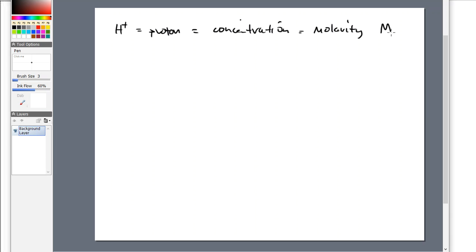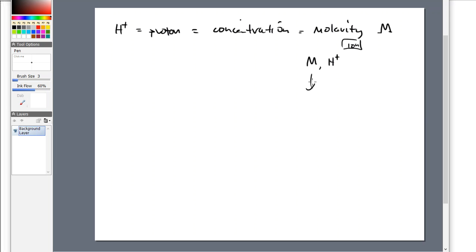And molarity is abbreviated with a capital M. So if we can measure the molarity of my proton, or the hydrogen ion concentration, because this is an ion, right? We know what an ion is, a cation, because it carries a positive charge. If we can measure the hydrogen ion concentration of a solution, then we can do something that we call pH. We can put it into an equation.